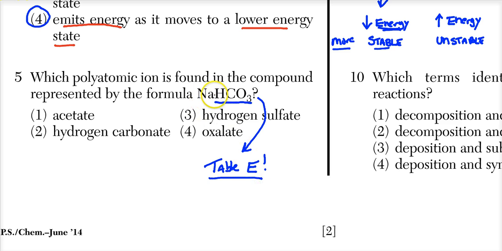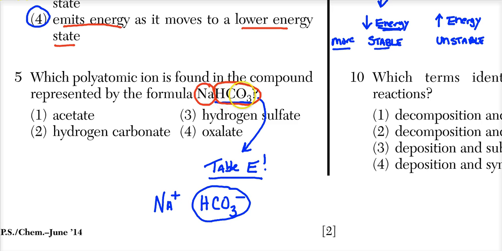So table E is where you'd go, okay? And we're going to find that sodium HCO3, okay, is made up of course, Na plus attracting an HCO3 ion, okay? So how do I identify that? Well, I see a metal. That metal's positive. This rest of these nonmetals are probably negative.